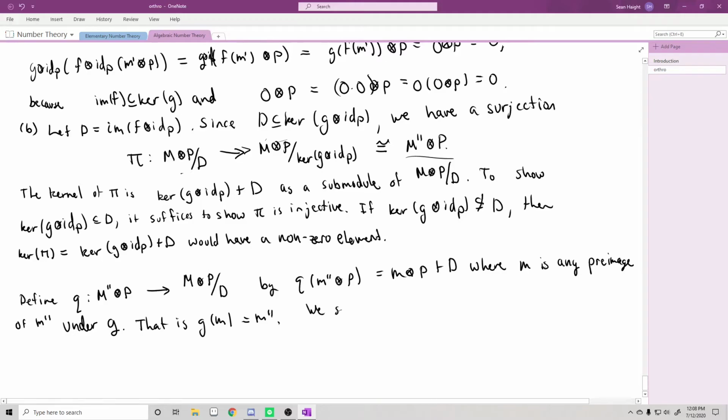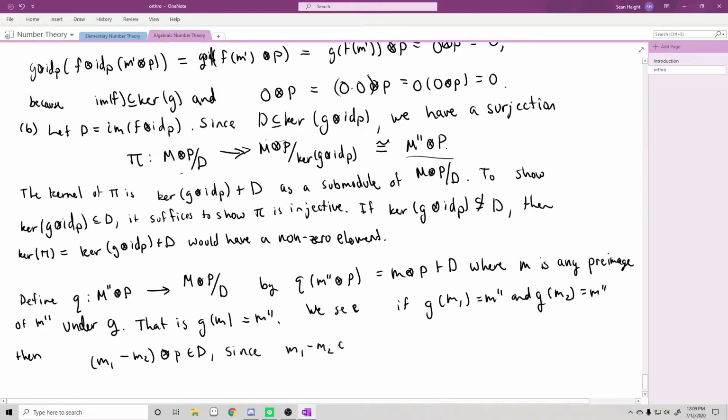So we see if g of m1 equals m double prime and g of m2 equals m double prime, then the difference of these two is going to be in the submodule D. It's going to be the image of F, since m1 minus m2 is going to be in the kernel of G, which by hypothesis is also the image of F. Okay, so essentially it doesn't matter which preimage of m double prime I pick.